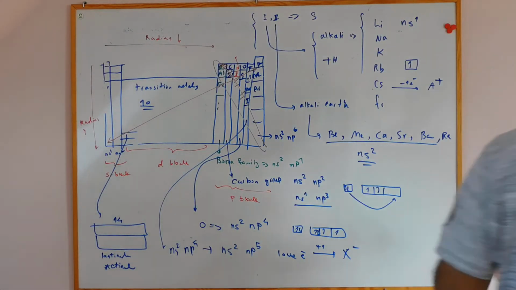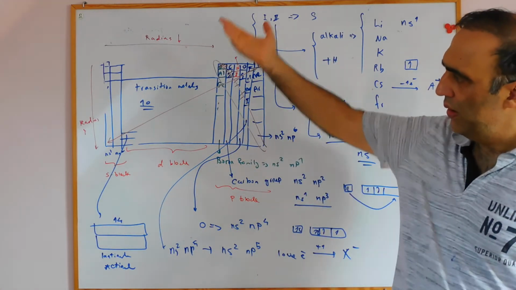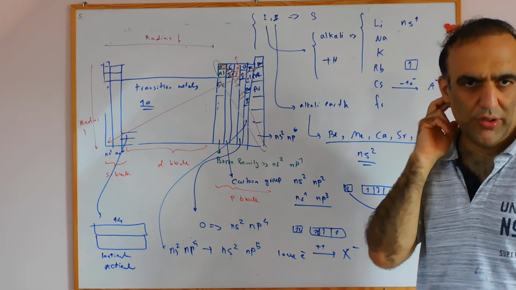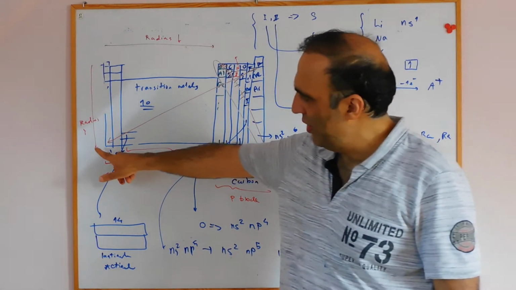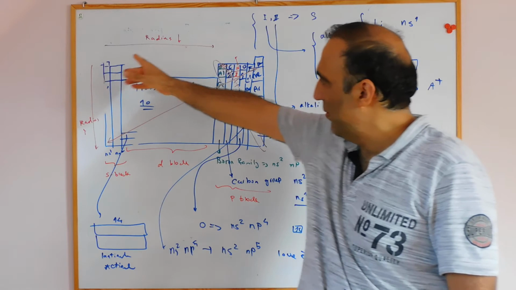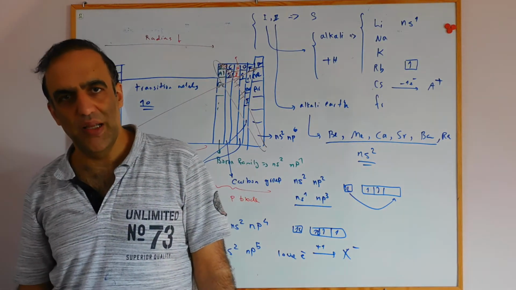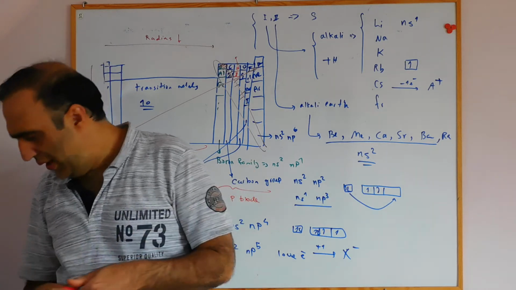Okay, it's very easy. Left to right, radius decreases. Up to down, radius increases. Or we can say easily, from down to up, radius decreases, and from left to right, also radius decreases. It's very important. We have to care.